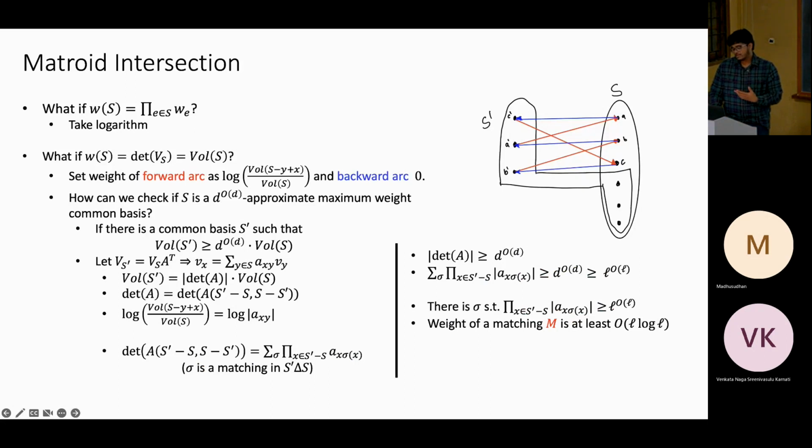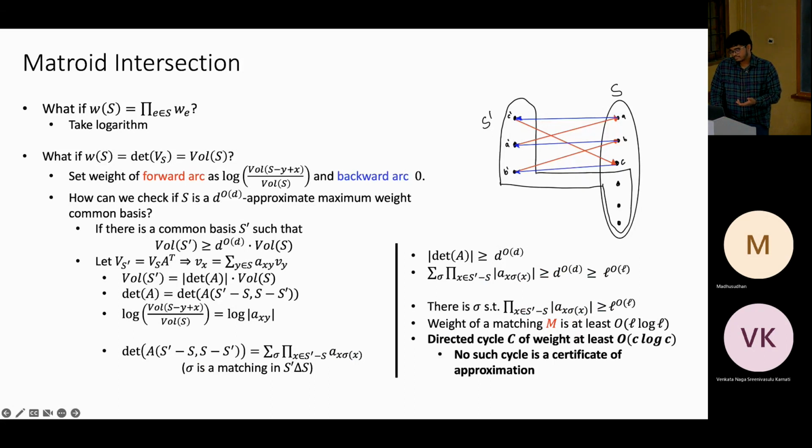And once that happens, I'll take the union with the other matching, and then they decompose into cycles. Since L log L grows more than linearly, one of the cycles has to be of size C log C, if C is the number of vertices in a cycle.